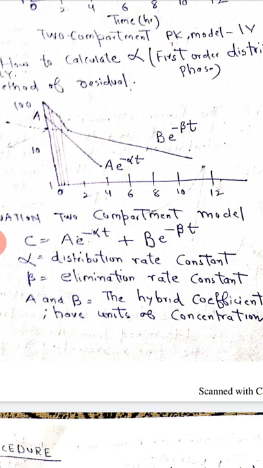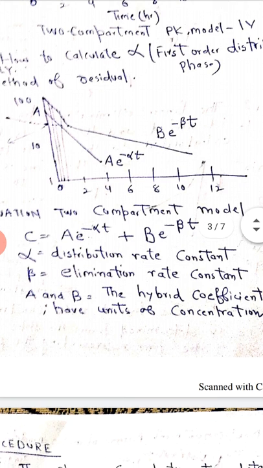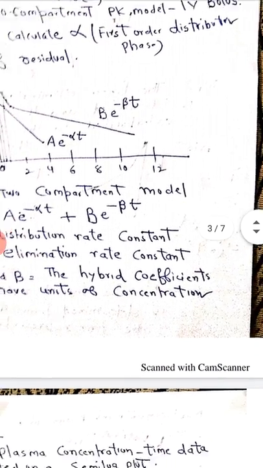These are very complex parameters, and they tell us about the concentration of drug in the body immediately after administration of the IV bolus. A and B have units of concentration.